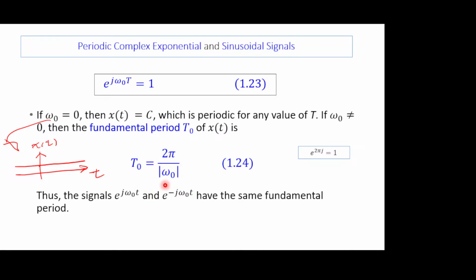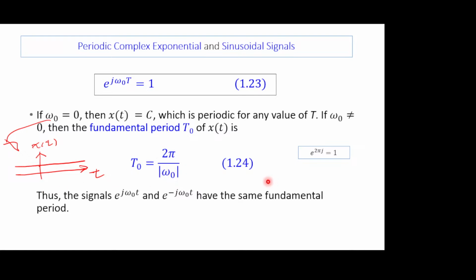So this is just swapping things around a little bit when omega naught is negative. And anyway, this is your fundamental period, because you want this thing to be a multiple of 2 pi, and the smallest possible one is this thing. So the smallest possible positive T is T naught equal to 2 pi divided by the absolute value of omega naught.